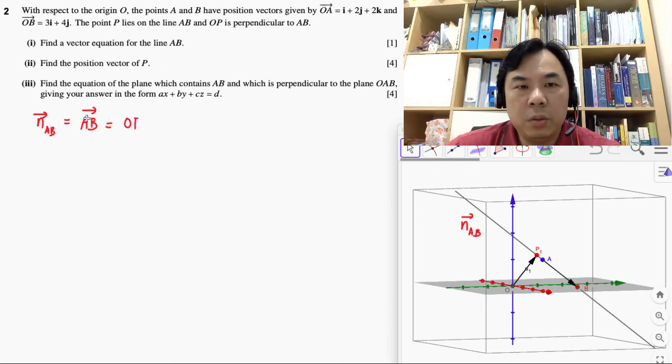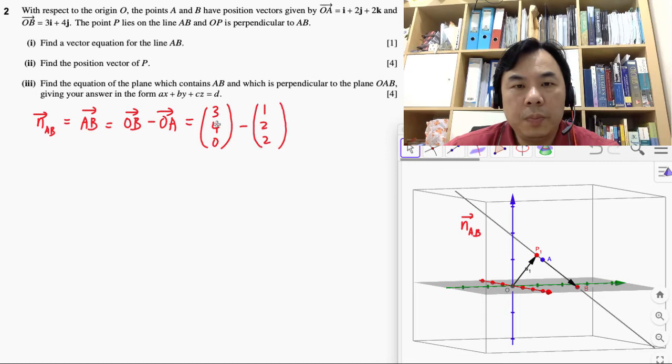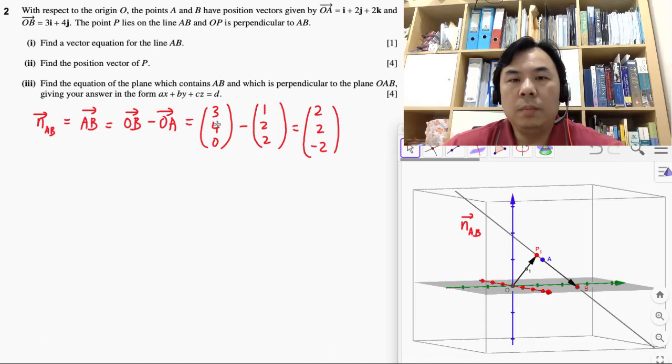Just to recap, that is the same as this. We have b as (3, 4, 0) and a as (1, 2, 2), so from here we have (2, 2, -2).